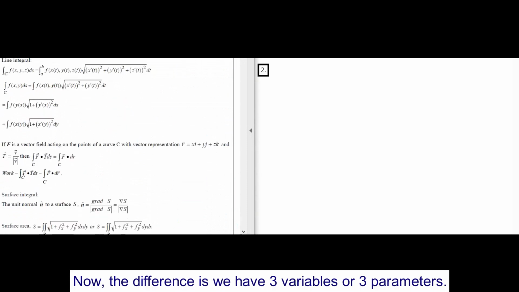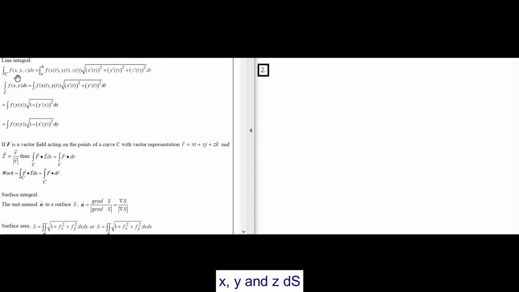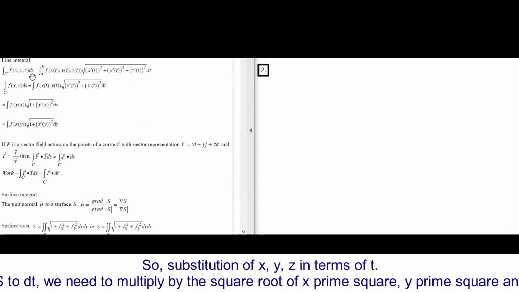Now the difference is we have 3 variables or 3 parameters, x, y, and z. So substitution of x, y, z in terms of t, and to convert ds to dt, we need to multiply by the square root of x prime squared, y prime squared, and z prime squared.